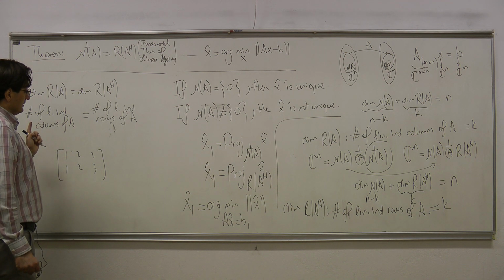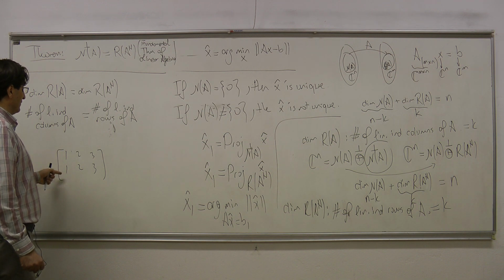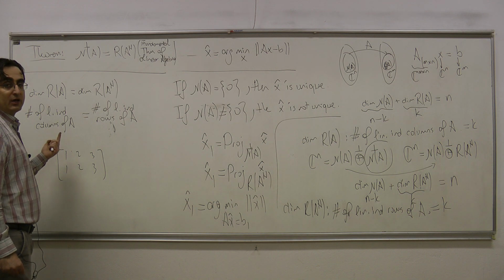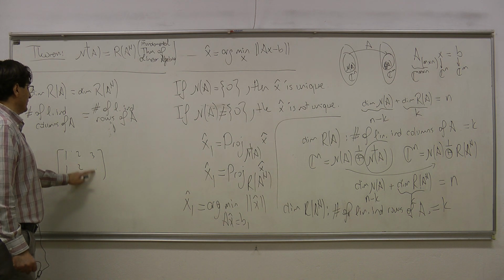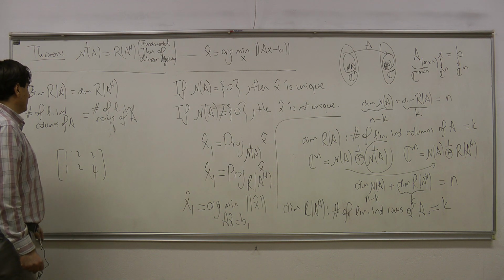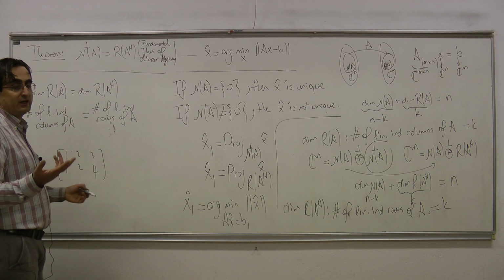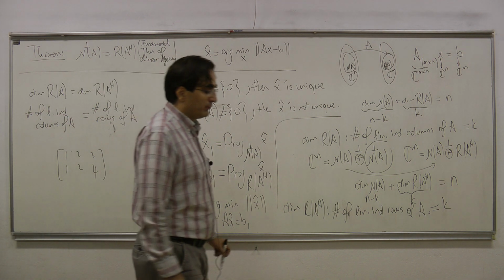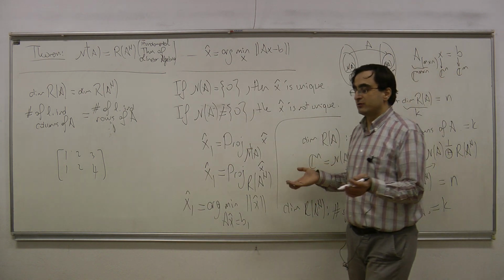So there is only one linearly independent column, and when I look at its rows, I would have only one linearly independent row. And similarly, if I just change a number here, 1, 2, 4, then you see that I have two linearly independent columns, and as soon as that happens I also have two linearly independent rows of the matrix. So this is really a magical result.